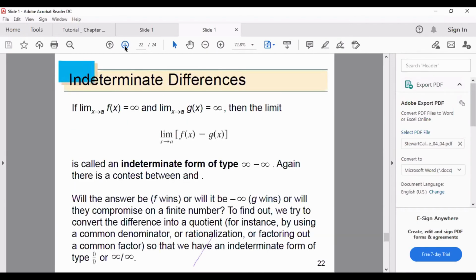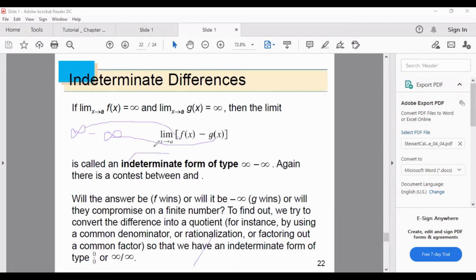Then finally, I said there are indeterminate limits. The fourth one is infinity minus infinity. This is an indeterminate form. When we have a difference between two functions, the first one goes to infinity, and the second one also goes to infinity, we cannot evaluate the limit of the difference.